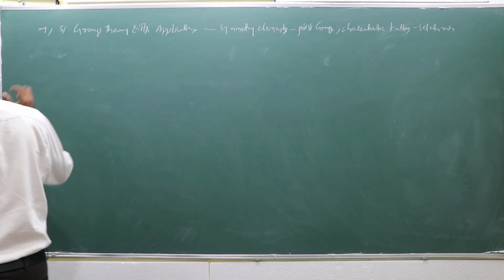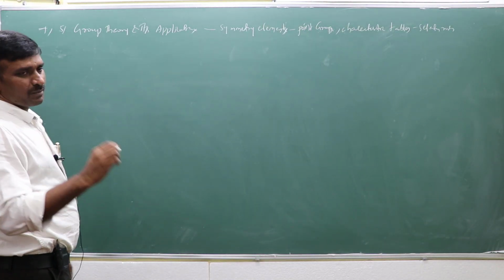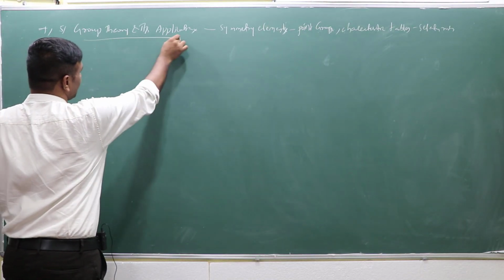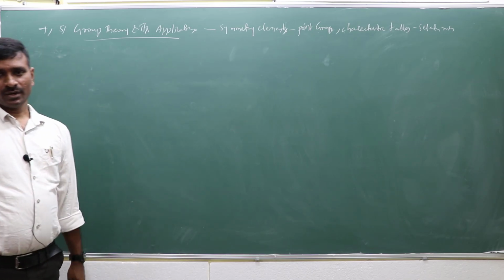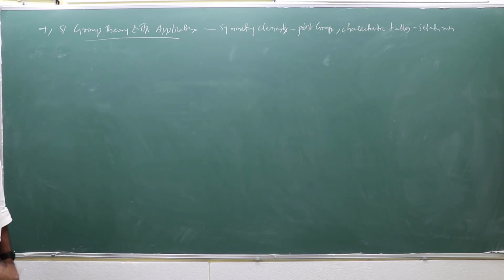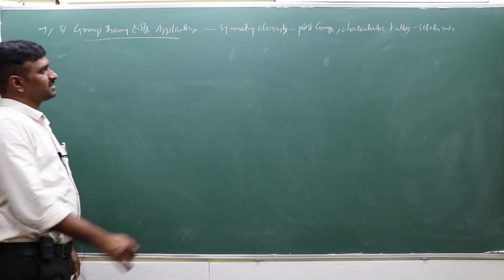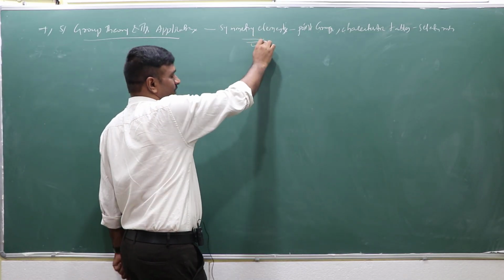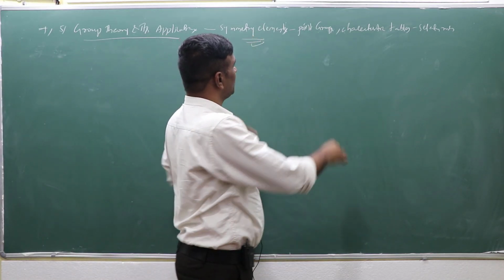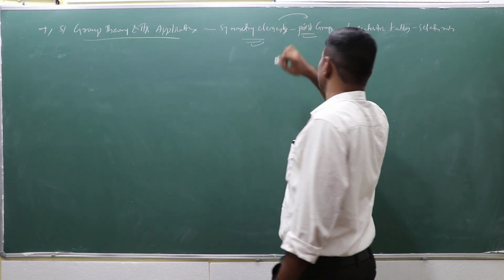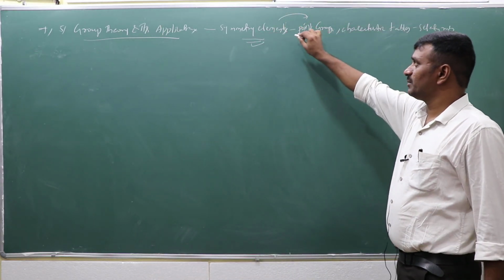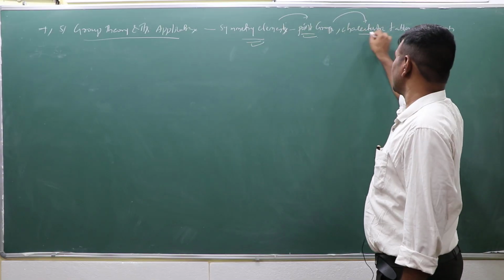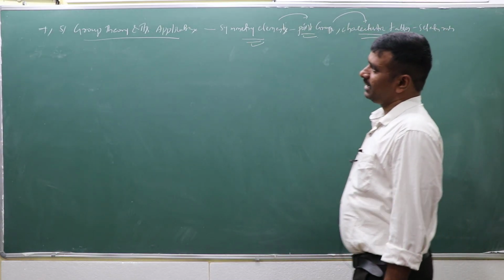This unit, group theory and its applications, is also somewhat related to quantum mechanics. There are symmetry elements, and based on the symmetry elements there are point groups. Based on the symmetry elements and point groups, we can develop the character tables and applications.